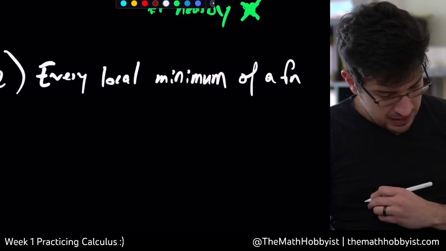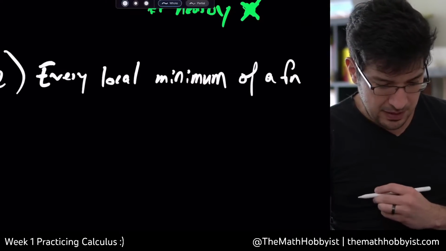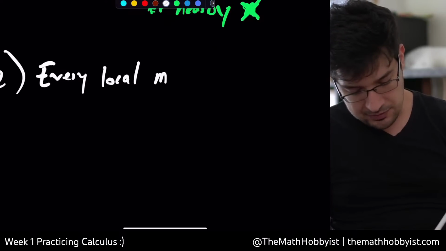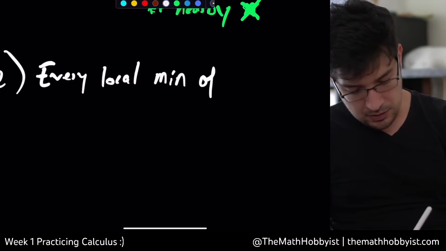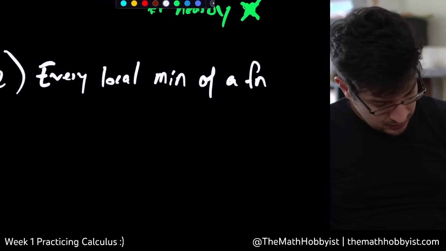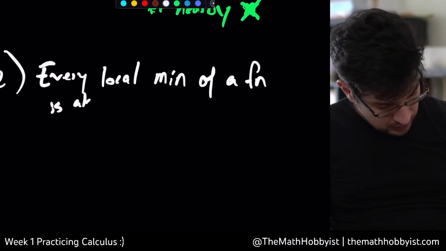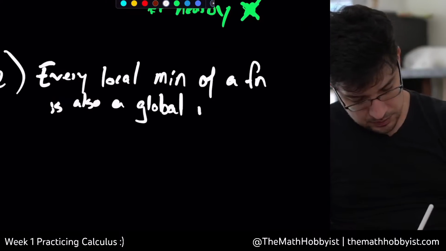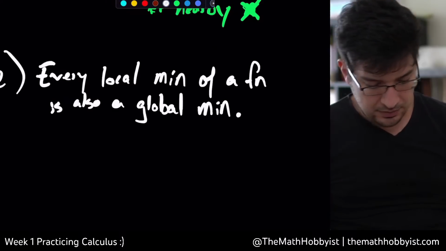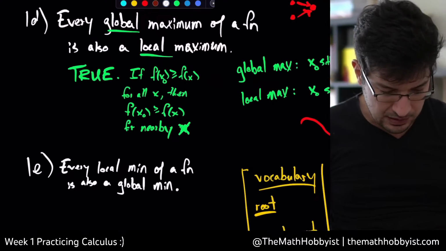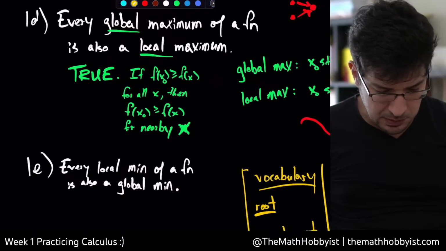Every local minimum of a function, and from now on, I'm also going to start using min instead of minimum. Every local minimum of a function is also a global minimum. All right, so at first glance, it seems like they're just asking the exact same question, just rephrased for minimums instead of maximums.